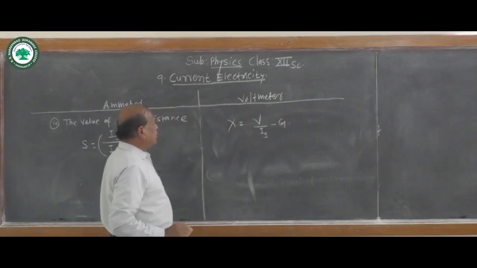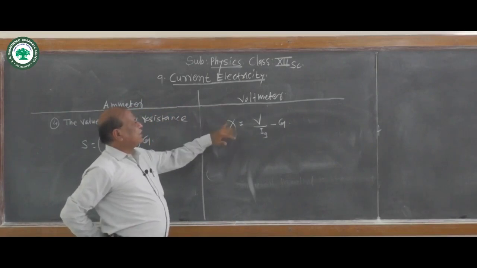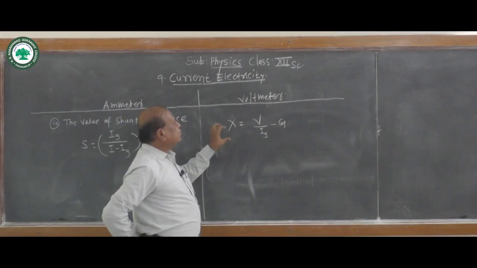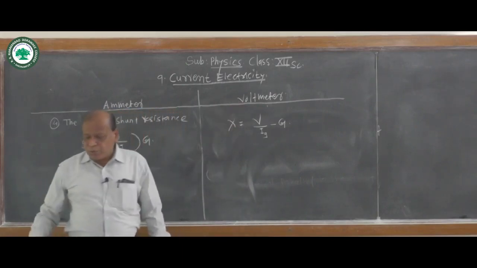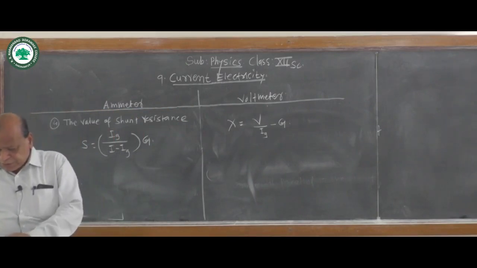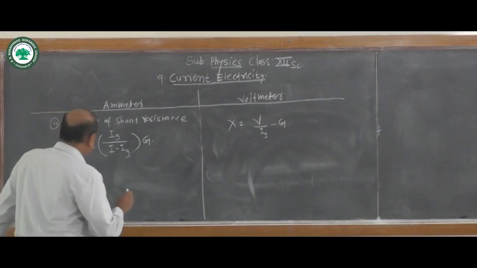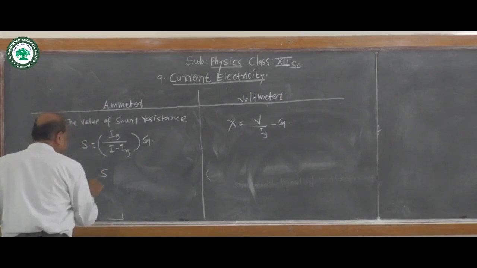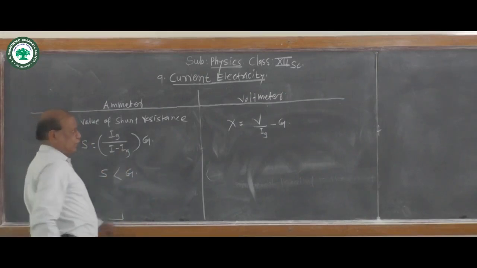This specific resistance is connected in series to that moving coil galvanometer, and it is converted into a voltmeter. And the next point, the fourth point: the shunt resistance S is less than the resistance of the galvanometer.